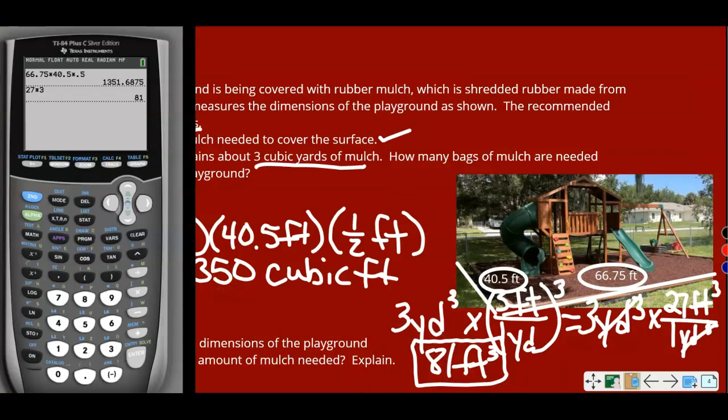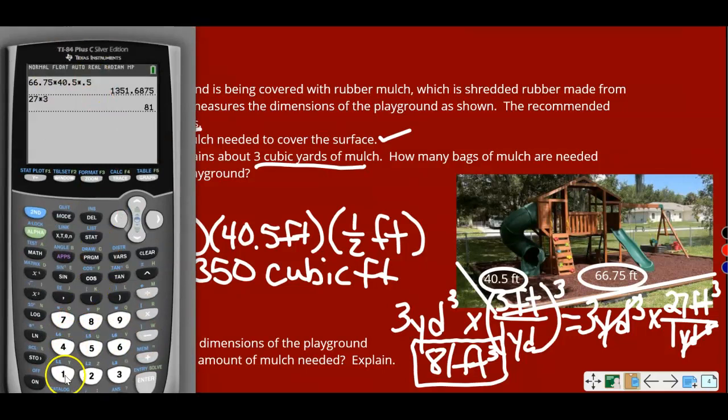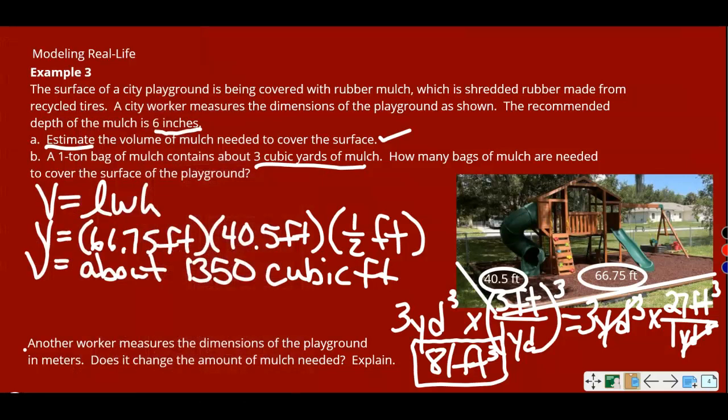That is going to give us 16.67. If we round this to 16, we're going to be 2/3 of a bag short. So we're going to have to round this up so that we have enough mulch to cover all of this playground at least 6 inches deep. Because you can't buy a part of a bag of mulch, you're going to need 17 bags of mulch.